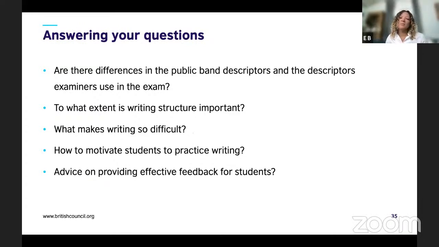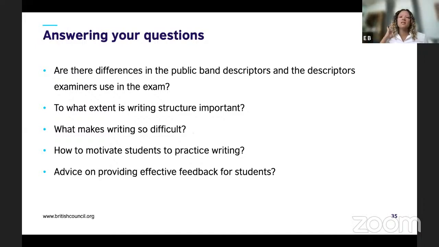The first question that comes up, are there differences in the public band descriptors and the descriptors examiners use in the exam? So the short answer for this is no, not really. The examiners have a booklet, and much of that booklet is actually outlining the test day procedures, safety and security of the exam, some descriptions on how to ensure fairness to all candidates, and all of the kind of other stuff that you don't see that goes into IELTS examining as well.